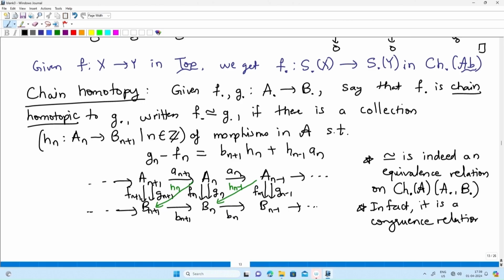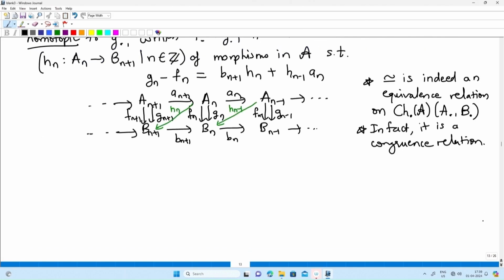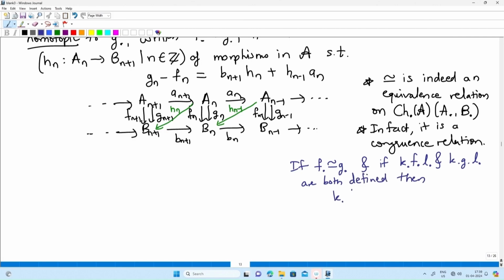So what does that mean? It is a congruence relation means that whenever f dot is related to g dot, and there are two other things, let's say k dot and l dot, and if k dot f dot l dot and k dot g dot l dot are both defined, then they are also related.